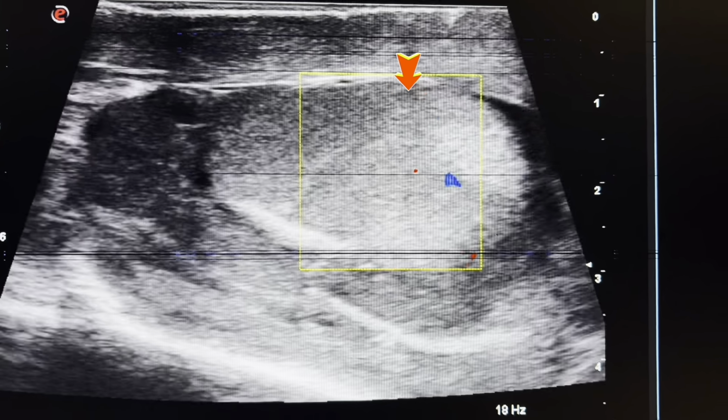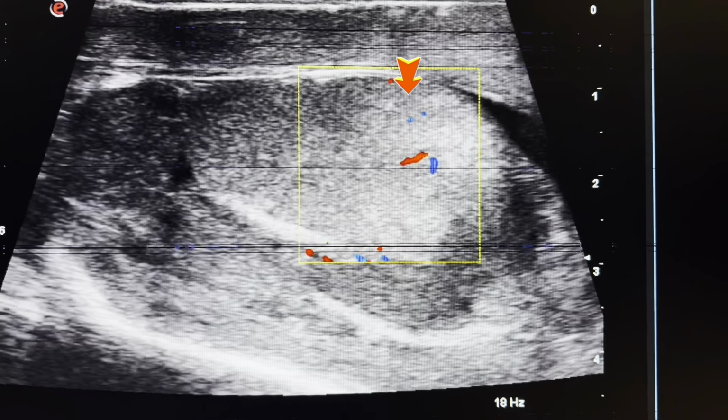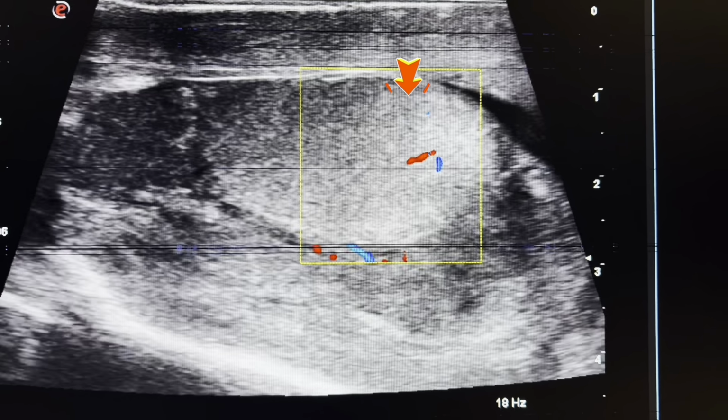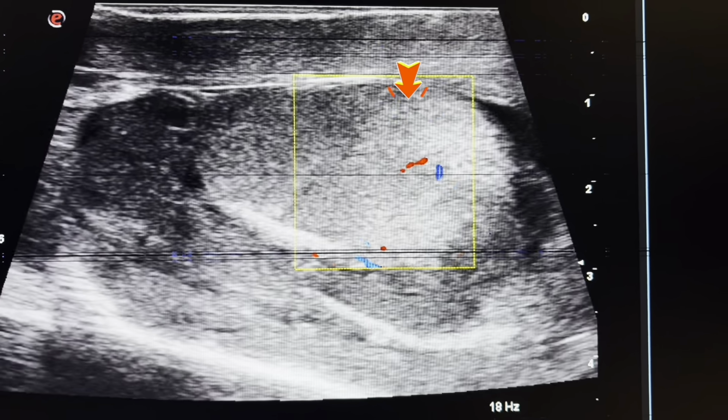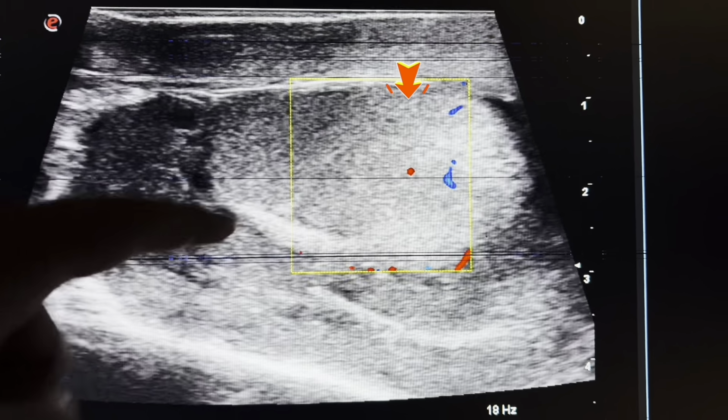When there is inflammation of the testis, the internal flow of the testis will be increased. Now on color Doppler we see that the flow of the testis is increased.